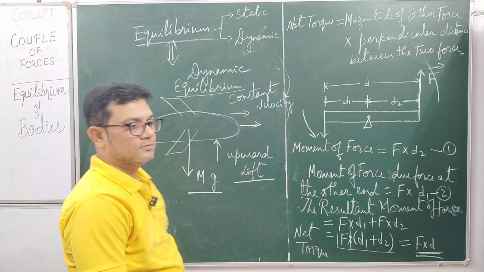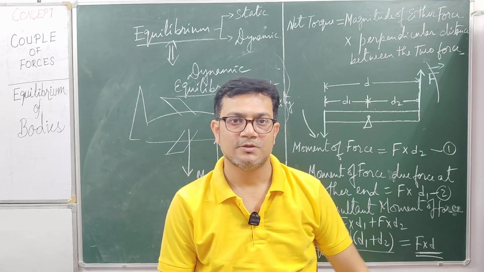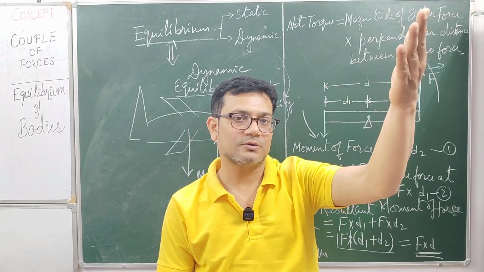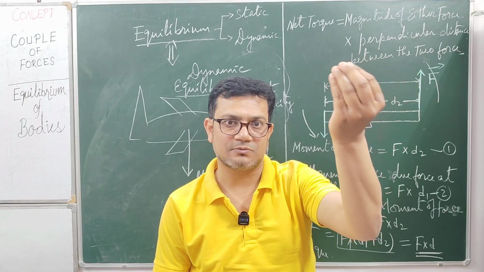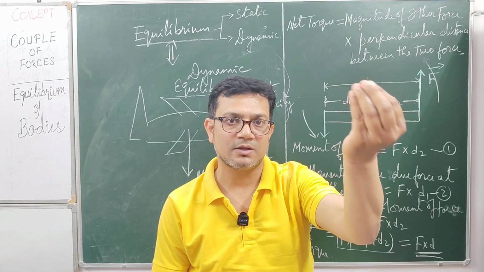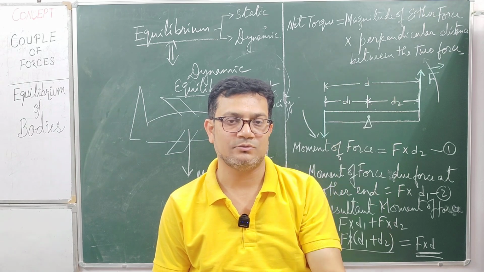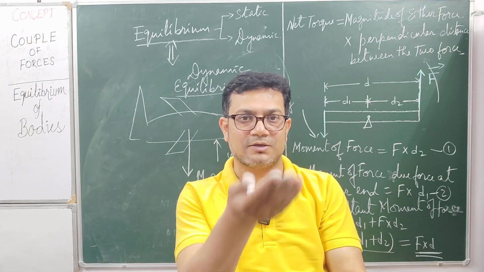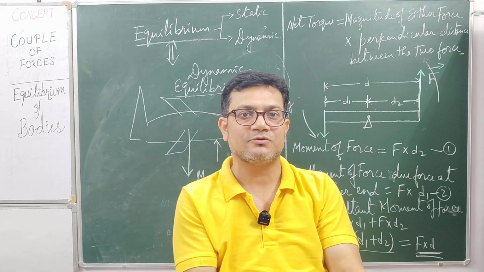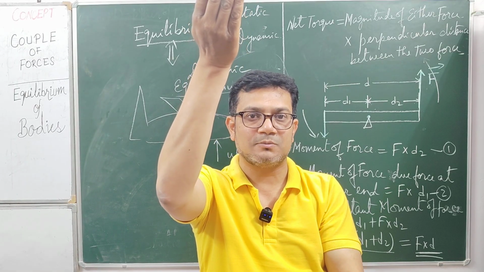Similarly, you would find raindrops falling at constant velocity. What is the reason? How does the velocity become constant? Suppose the raindrop has mass m, it has a weight m times g, and it is coming down, right? The viscosity of the air, the frictional force caused by the atmosphere, acts upward, opposing the motion.